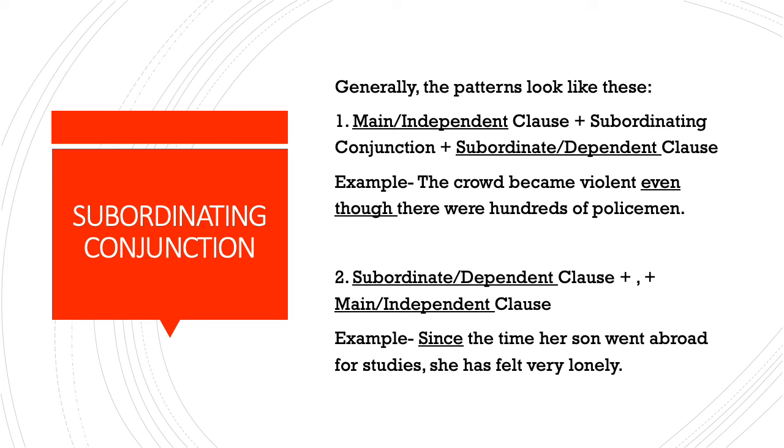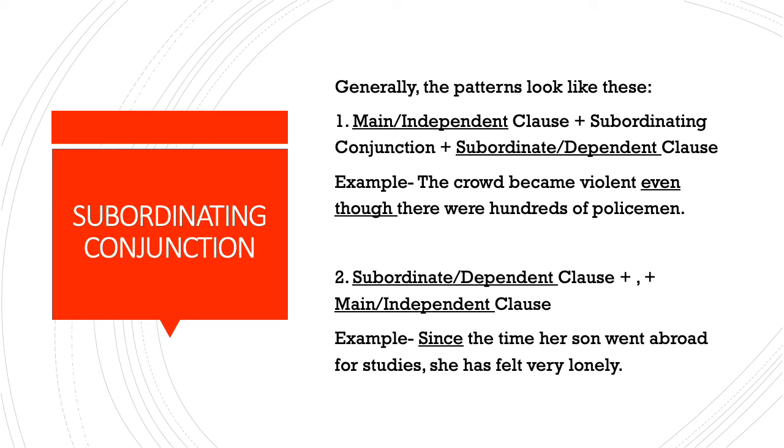So if I break the sentence into "the crowd became violent," put a full stop there, the sentence becomes complete. Again, if I take the second part, "even though there were hundreds of policemen," here "even though" is my subordinating conjunction with which my dependent clause begins. Why is it dependent?